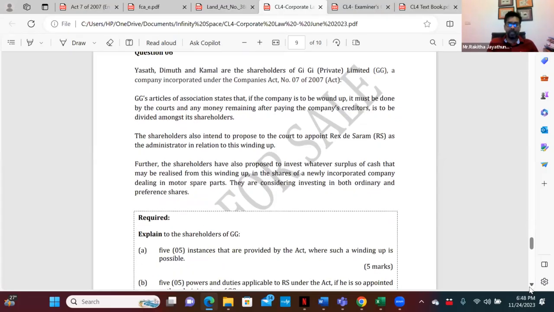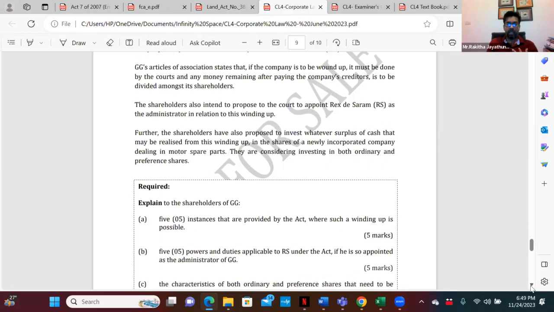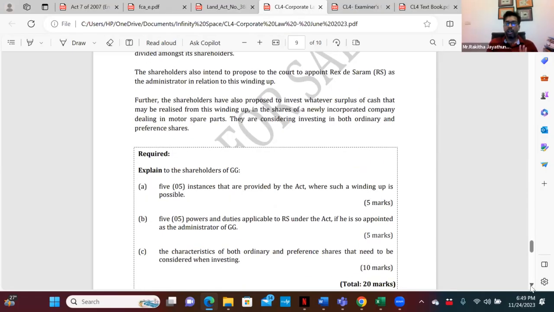I have this habit of reading the required part first, because at the end of the day, I have to answer these questions, nothing else. So first, I will get an idea what I'm supposed to do here. Require. Explain to the shareholders of GG.